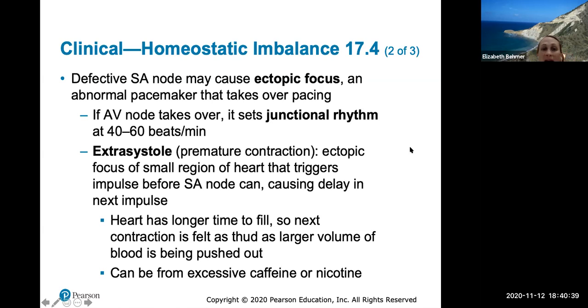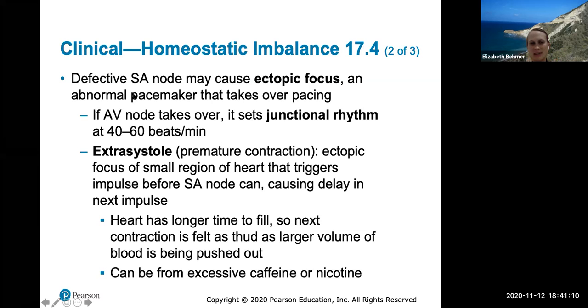If your SA node is defective, it may cause an ectopic focus, which is an abnormal pacemaker that takes over the pacing. If the AV node takes over, it sets a junctional rhythm at about 40 to 60 beats per minute. An extrasystole could occur, which is a premature contraction where the ectopic focus, a small region of the heart, triggers the impulse before the SA node, causing a delay in the next impulse.